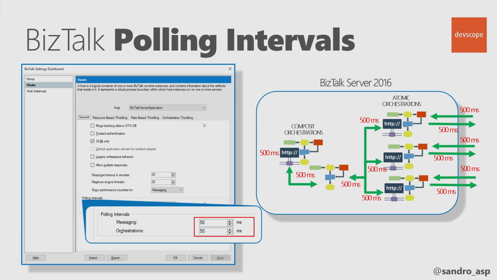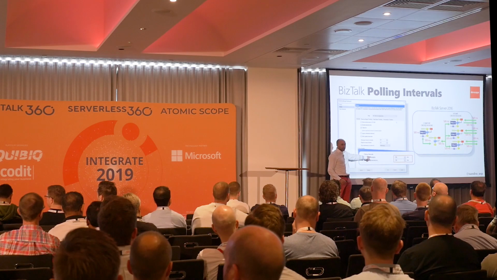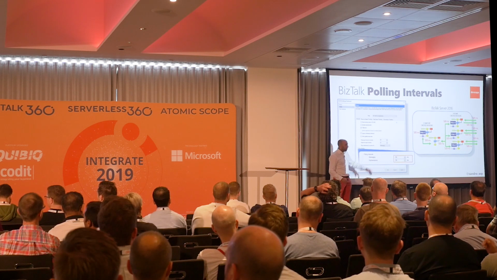Okay? I went there, and for the critical one, saying, go to the minimum. 500 milliseconds for messaging and orchestration. If you are processing orchestration, you should reduce that. If you are doing messaging, you should reduce that. You don't need both.